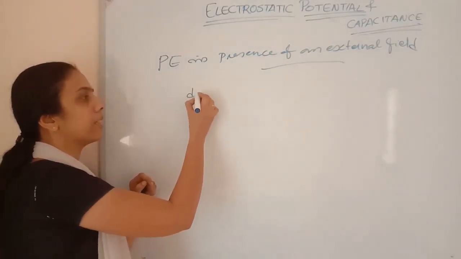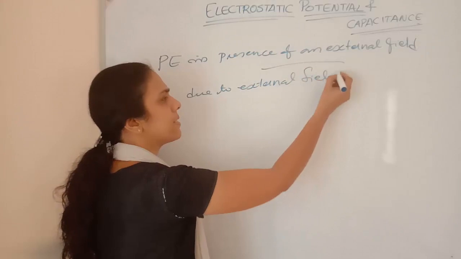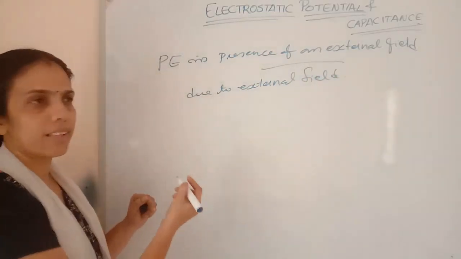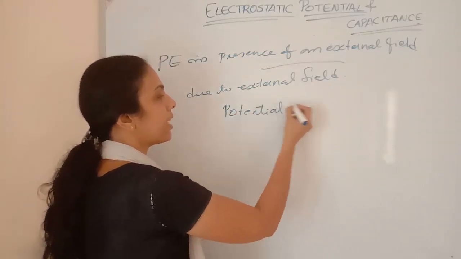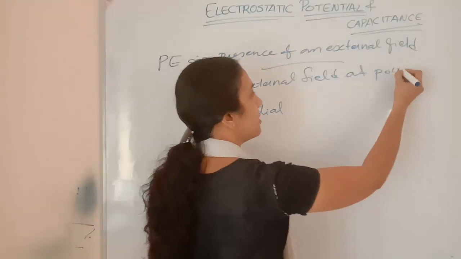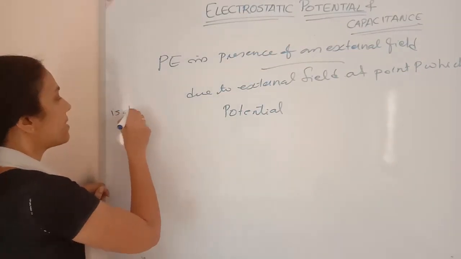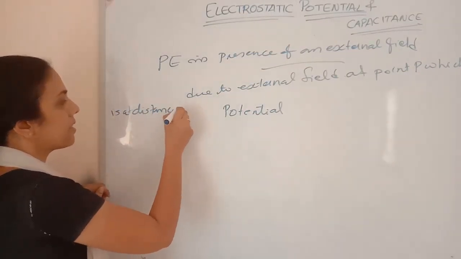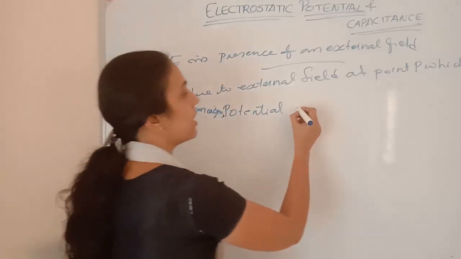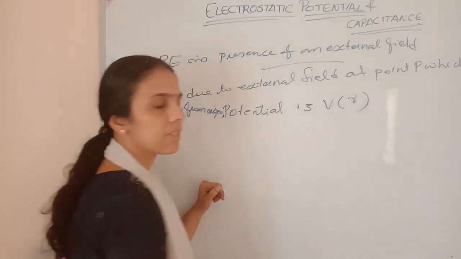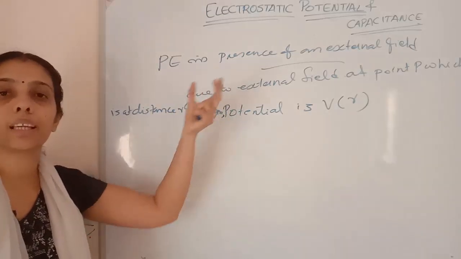Due to the external field, at a point P at distance r from a particular origin, a potential will be there. I am considering it as V of r. At this distance r, I am bringing a charge q.